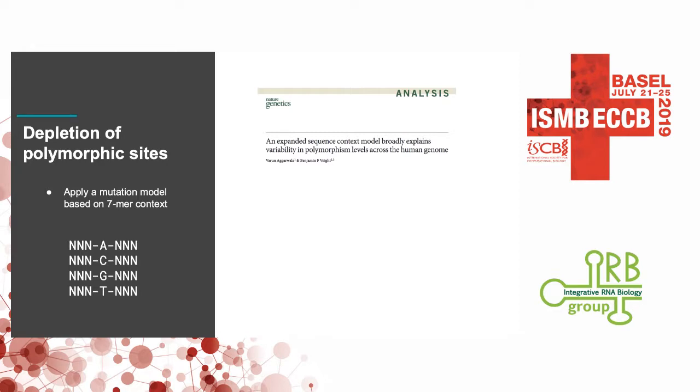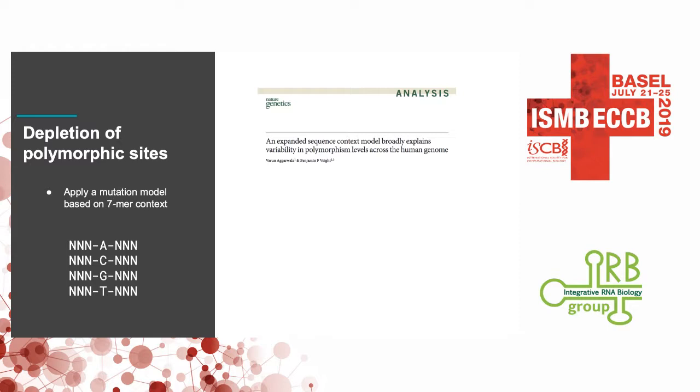We next turn to ask whether or not there was a depletion of polymorphic sites that would be consistent with the activity of negative selection. Because it's known that within non-coding regions of the genome, the probability of observing a mutation is highly dependent on the local sequence context of that mutation, we had to control for this local sequence context by applying a mutation model.